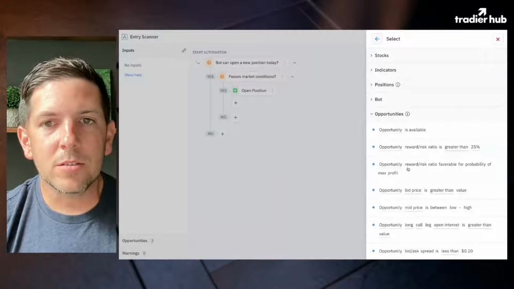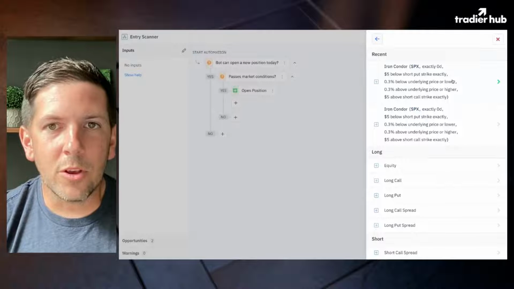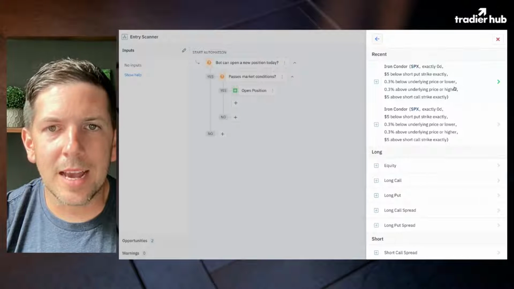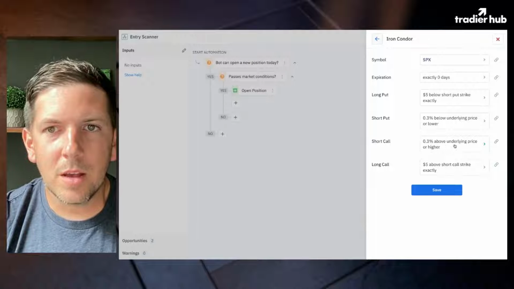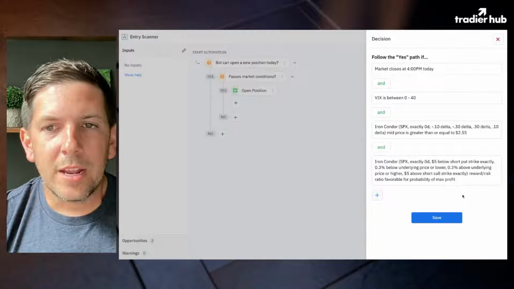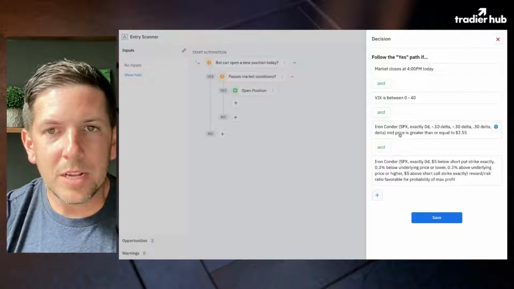Fine, no big deal. Go in here and see if the opportunity risk reward that you're looking for is, I don't know why there's 2 iron condors here. That should be exactly the same here. Exactly 0 days, 5%, 3%, above, below, above. Okay, cool. All you can do is use this recipe right here, which would automatically check for you. So you could say the mid price is greater than this.